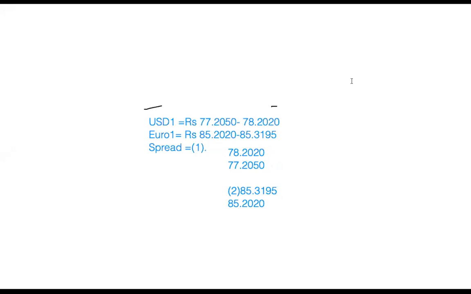0.3970 is for which one? 0.397, it is INR. USD spread is equal to 0.397 INR, and against Euro spread is equal to 0.1175.